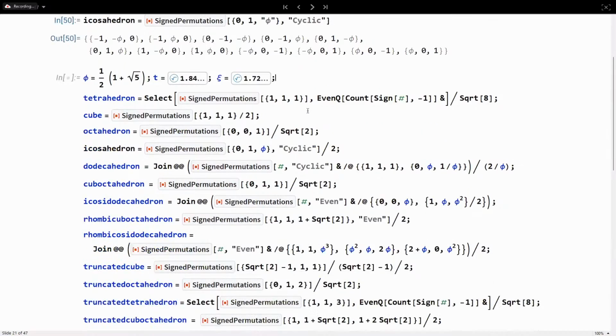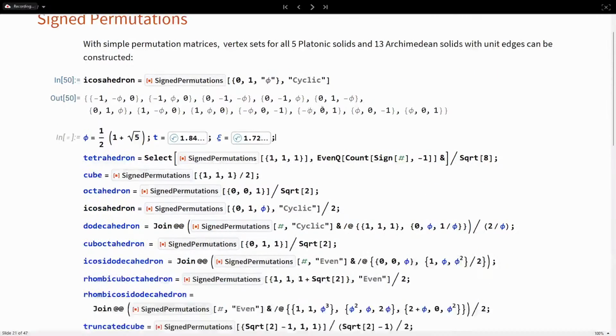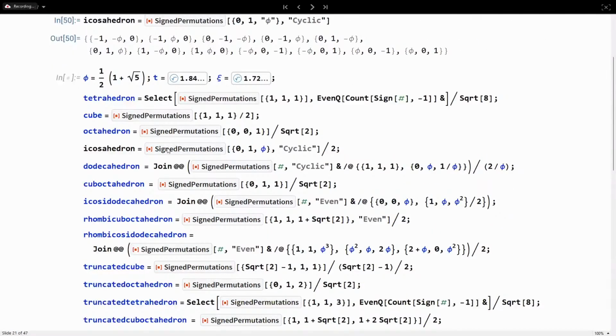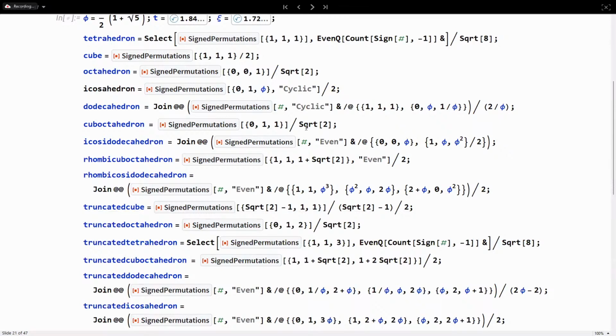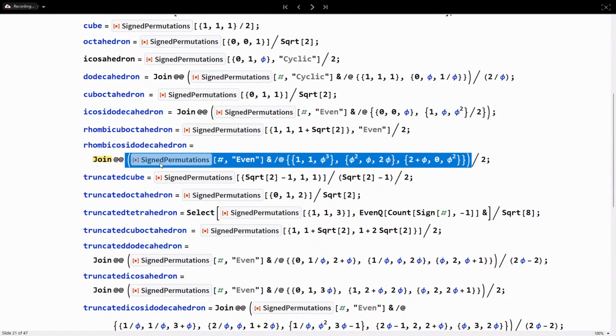But for all of these objects, every single Platonic solid and Archimedean solid, there's a simple representation using signed permutations. So basically you start with a simple set of values, and then you get all the signed permutations, which is basically a certain set of permutation matrices, and you get the larger object.